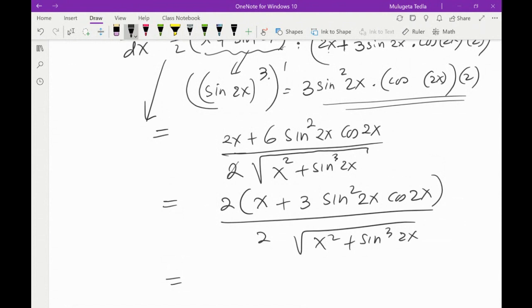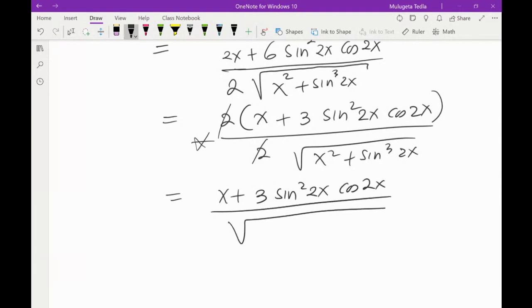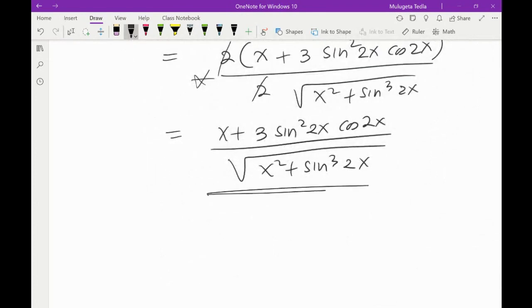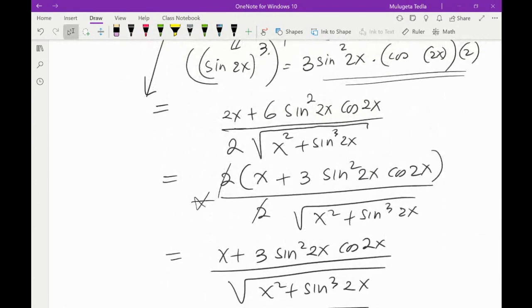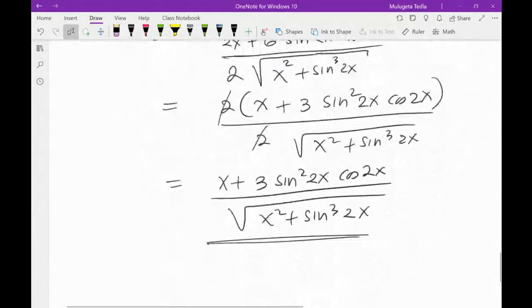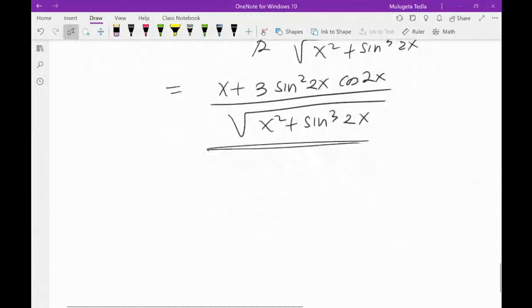So it's better to factor first technically, but if you already know what you're doing, you can skip this step and then write this: 2 cancel, x plus 3 sine squared 2x cos of 2x over the square root of x squared plus sine cubed of 2x. You get it, right? Yes. I know I write too much because I think I'm explaining, but sometimes if it confuses you, you can cut the steps, I think.